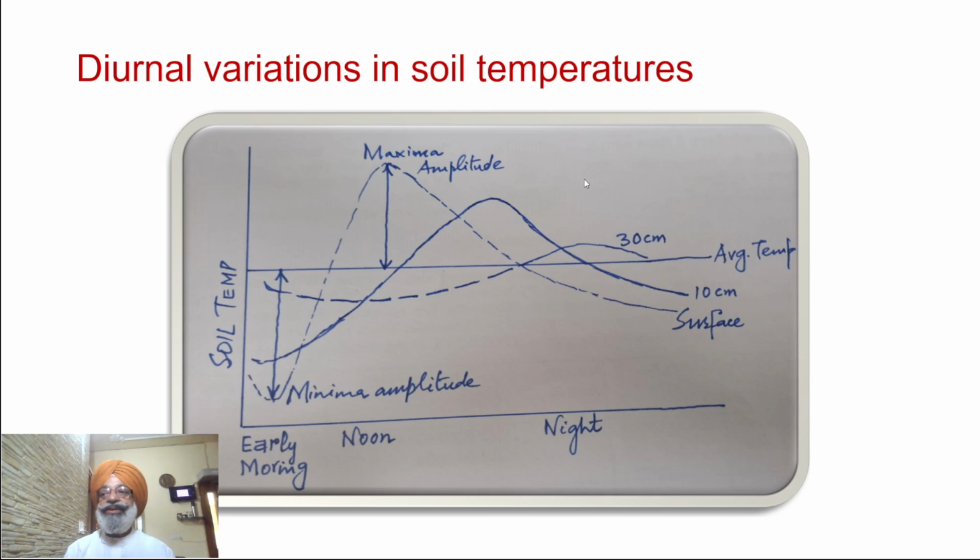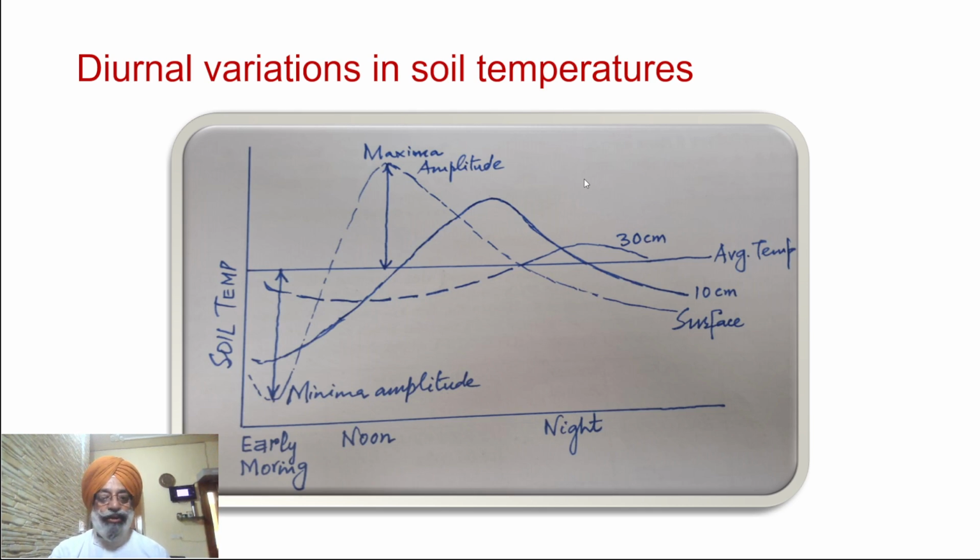In fact, these meteorological regimes are characterized by variations during day and night, as well as during summers and winters, what you call seasonal variations.